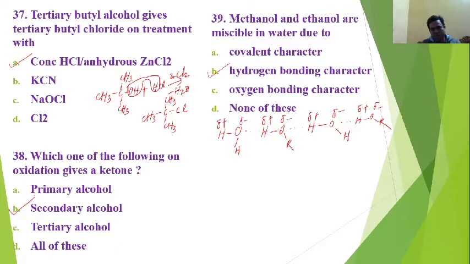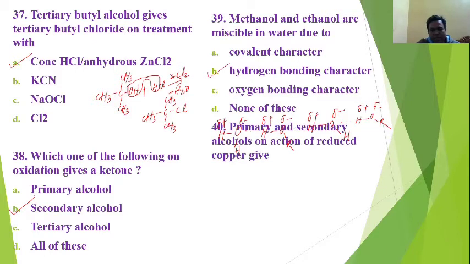There is an interaction known as hydrogen bond. There is hydrogen bonding between the hydrogen atom of one molecule and the oxygen atom of another molecule, which is stronger. That's why it is soluble in water.